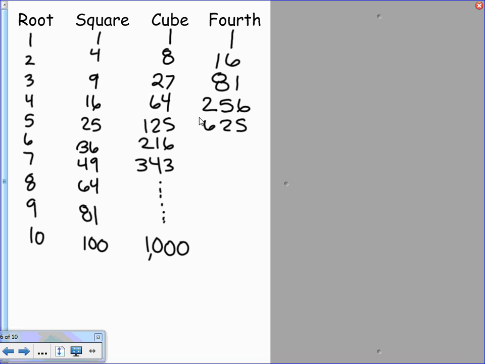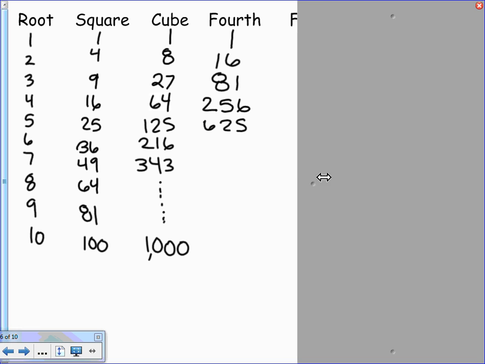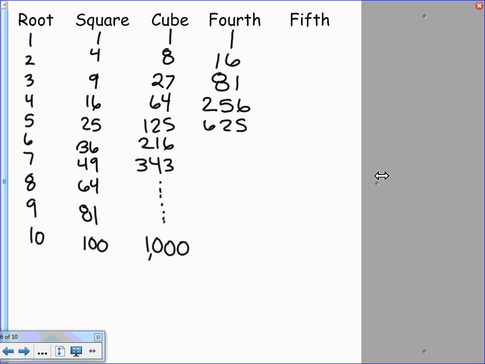Then we can make a list of perfect fifths. So I go up my fourth column and I multiply it by another root. 1 times 1 is 1. 16 times 2 is 32. 81 times 3 is 243. Yeah, I'm done. Number's too big.